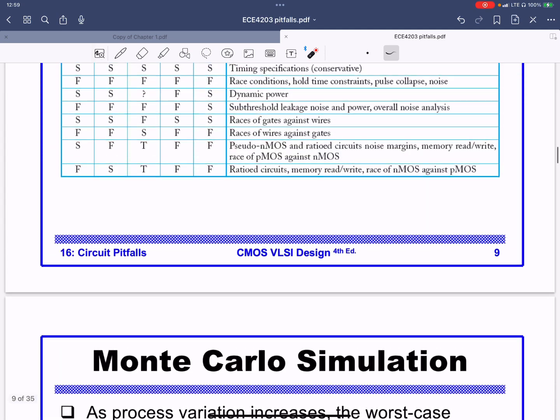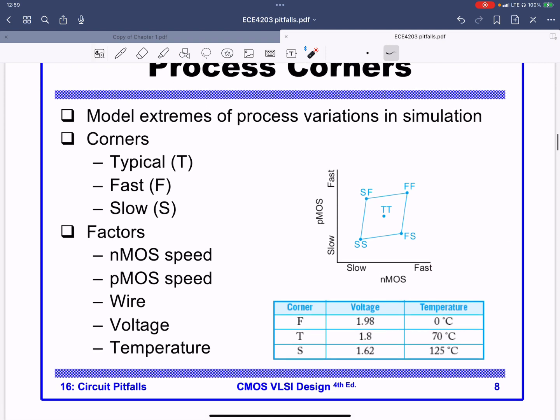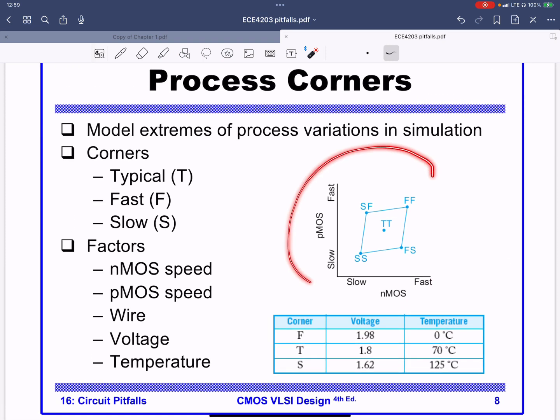So these corners are modeling the device as if all the devices in your circuit are going to have slow NMOSFETs, and all the devices are going to have slow PMOSFETs.